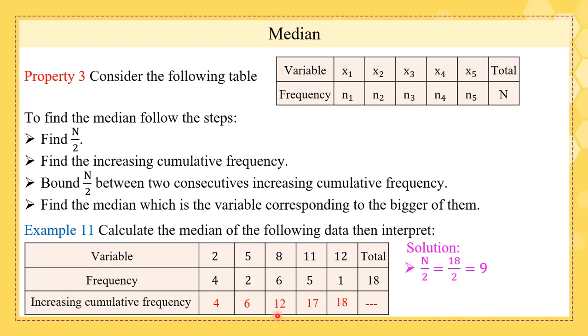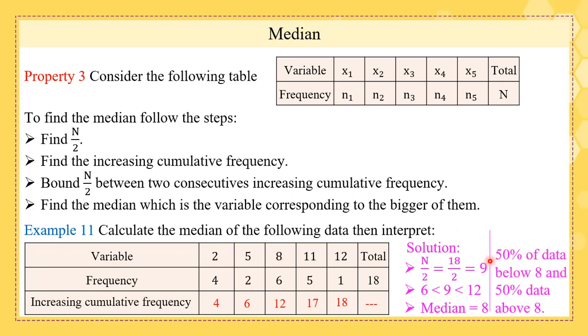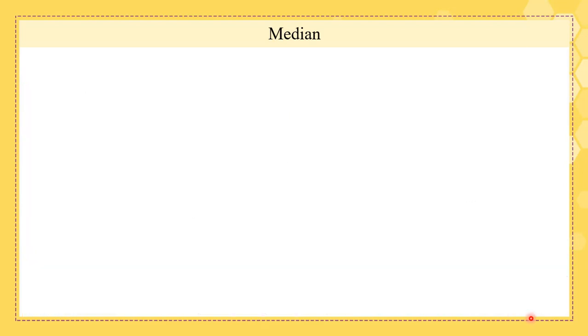Which is the bigger between 6 and 12? 12 is the bigger. Then the median is the variable corresponding to the bigger ICF, which is 8. Then the median of the given data is 8. We note that 50% of the data is below 8 and 50% of the data above 8.